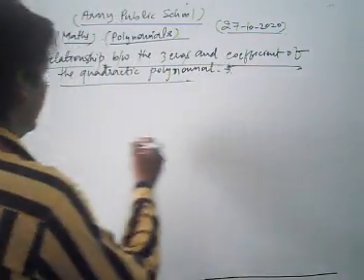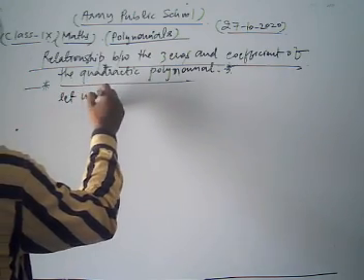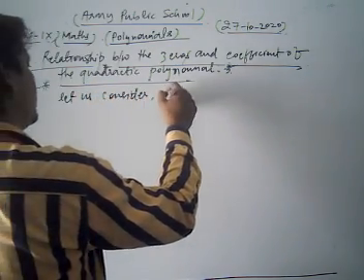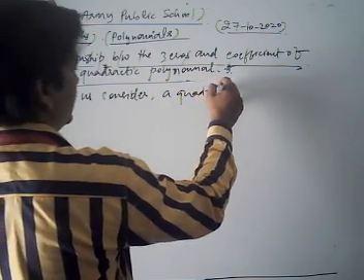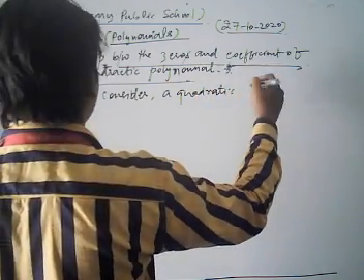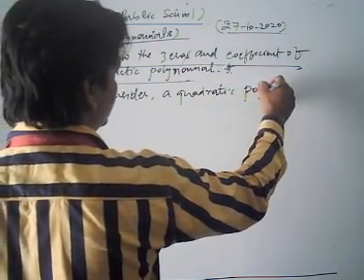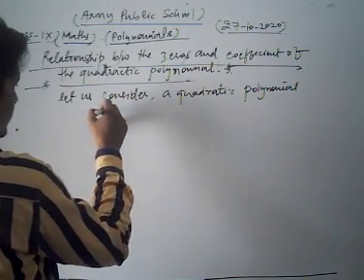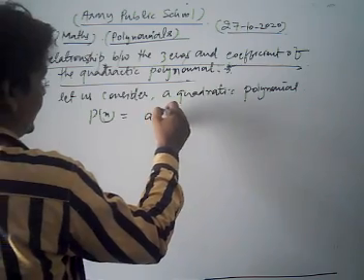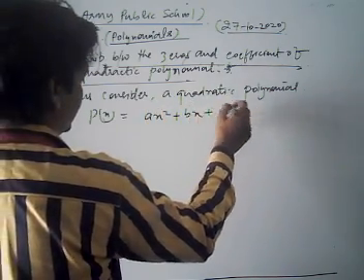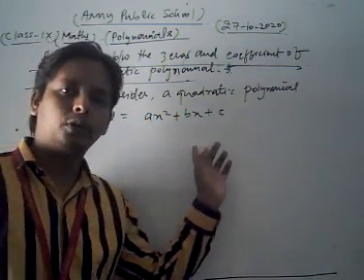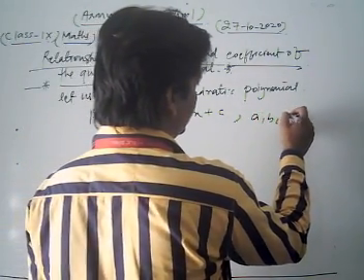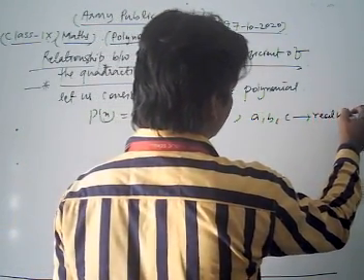First of all, let us consider a quadratic polynomial p(x) is equal to ax square plus bx plus c. Here a, b, c are any real numbers.